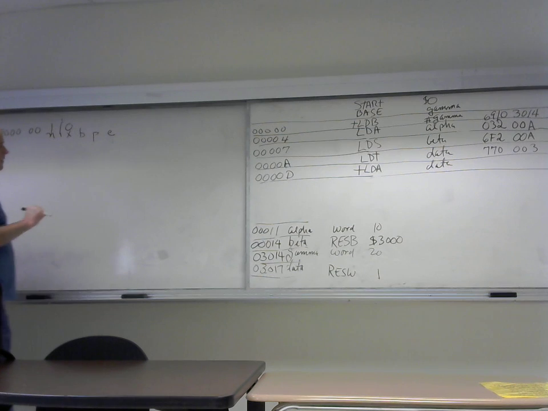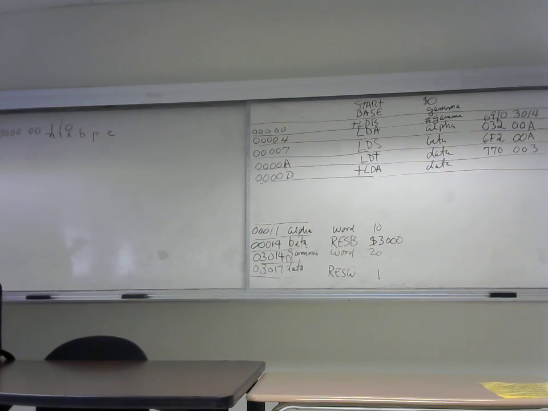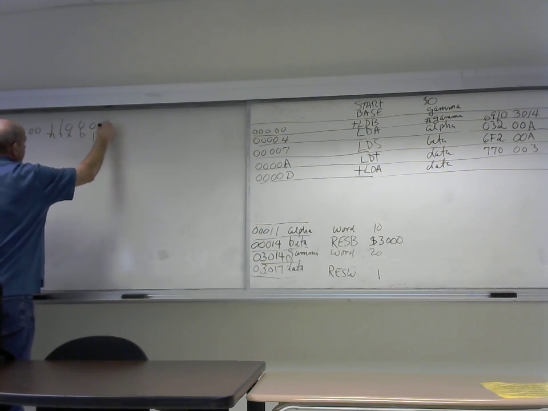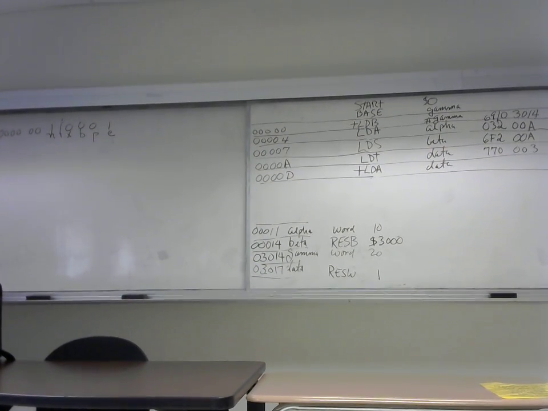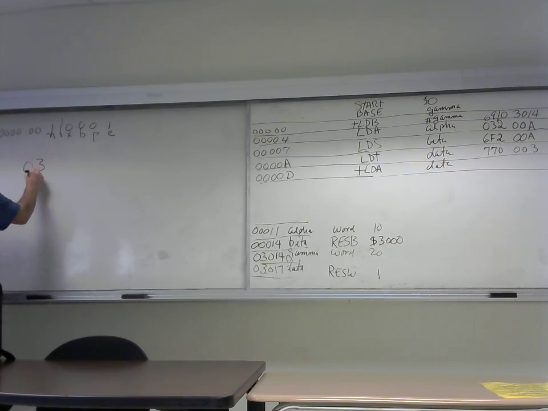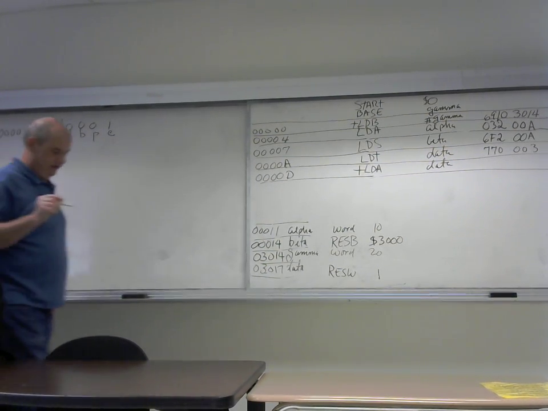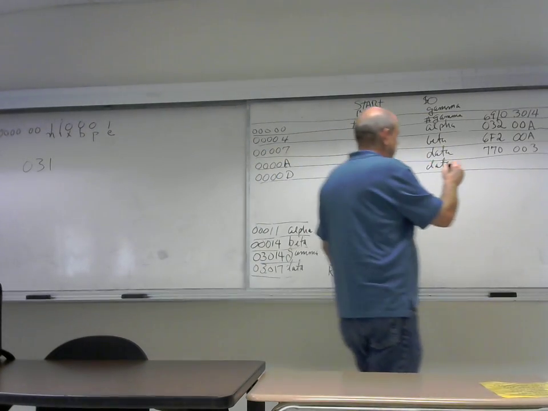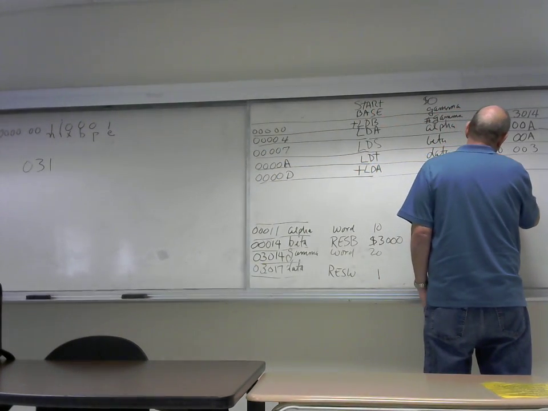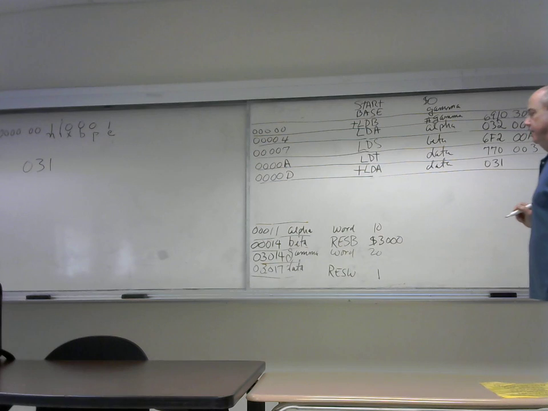No X. There's no PC or base relative mode. Neither one. And it is extended. Everybody see that? Okay. So you have 0, 3, 1. And what's the rest of it?